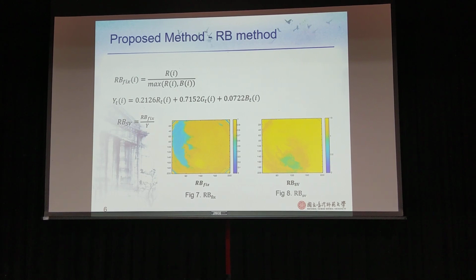Finally, if the sun is not blocked, the minimum value should be taken. Therefore, we set a Y of more than 0.9 as the sun area, and change the cloud pixel to 0, and the final result is shown in the RBSV on the right.